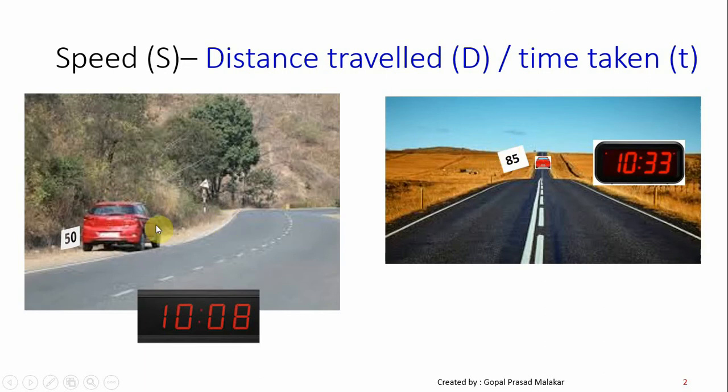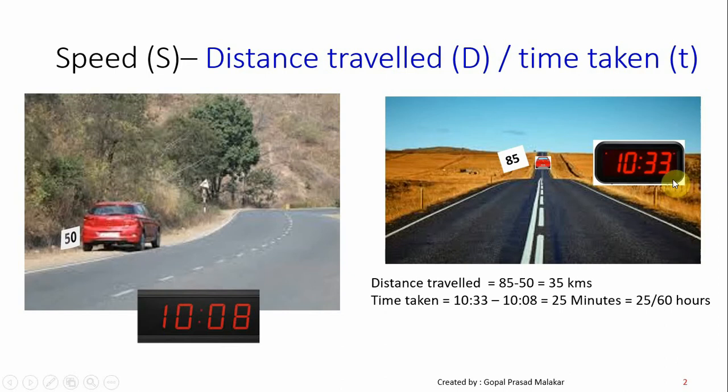So if you look at it, it has traveled 85 minus 50, 35 kilometers, and the time it has taken to travel that much is 25 minutes, that is, 10:33 minus 10:08, or you can say 25 by 60 hours. So what will be the speed?